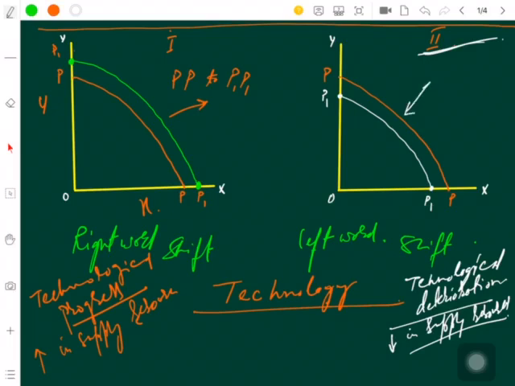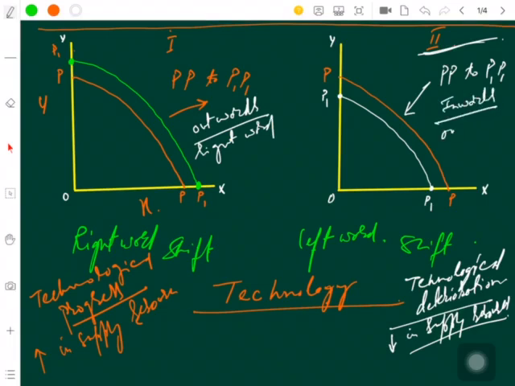It is an inward shift, because our production possibility curve went from PP to P1, but inwards. This is outwards or rightward. This is inwards or leftwards. This is how a shift takes place.